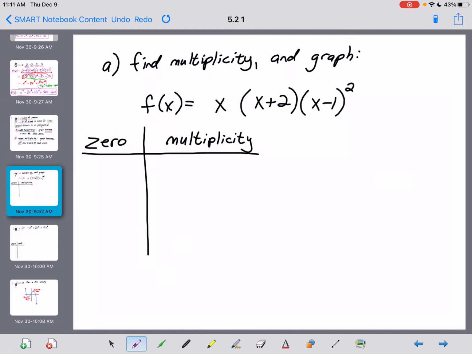So in this example, we're being asked to find the multiplicity, and of course we're going to use the multiplicity, and then we're going to try to come up with a graph here. f of x is given to us in factored form already, and we've got a linear factor of x, a linear factor of x minus 2, and then this is interesting. The x minus 1 is actually squared.